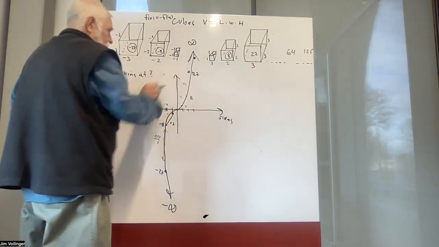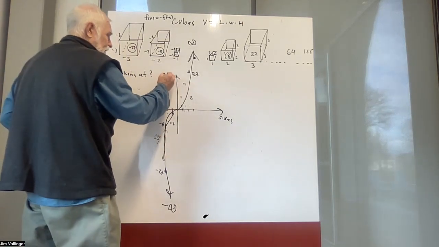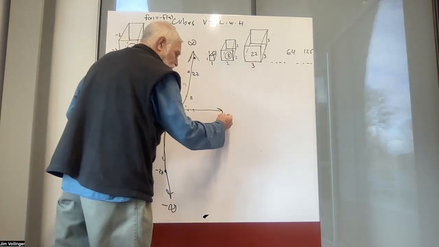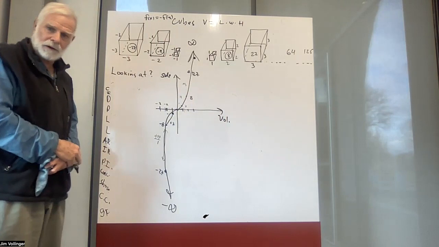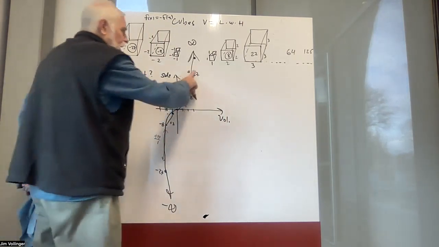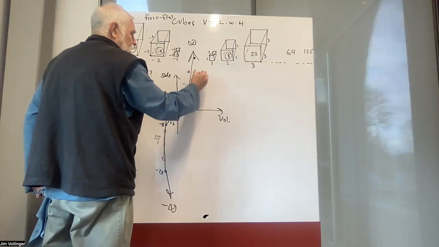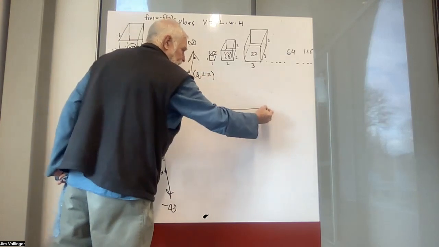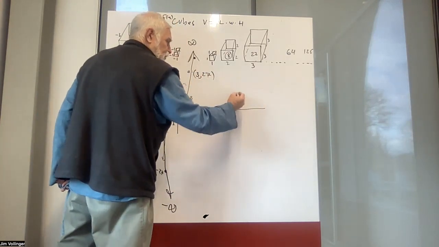Well, I could have made the y-axis my side length and the x-axis my volume. And what did I just perform? Inverse operation. So instead of a 3 getting us a 27, 27, which may be out here somewhere, gets us a 3.